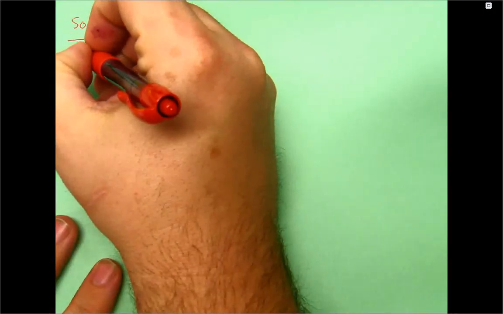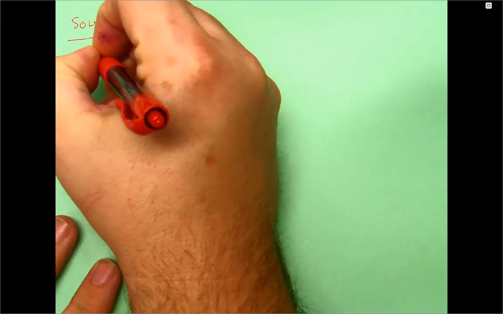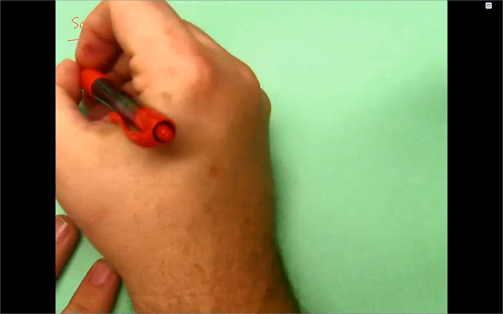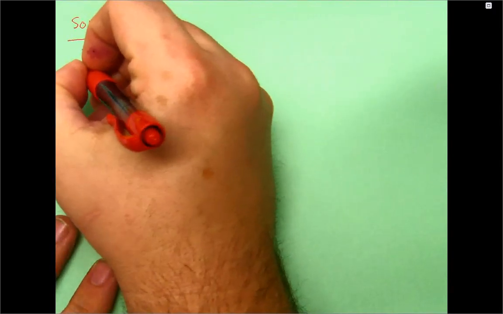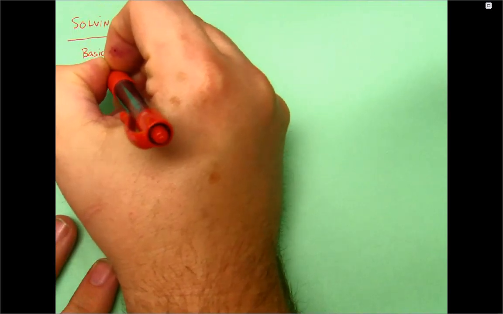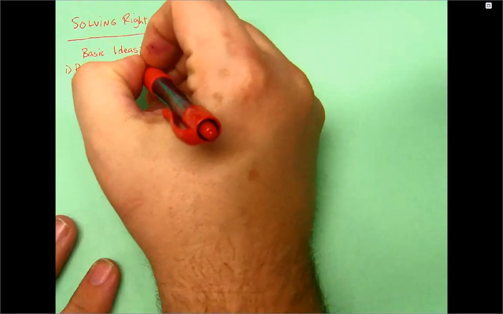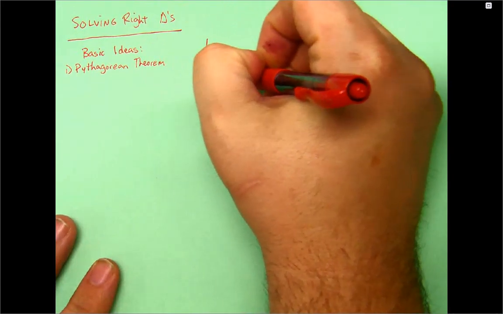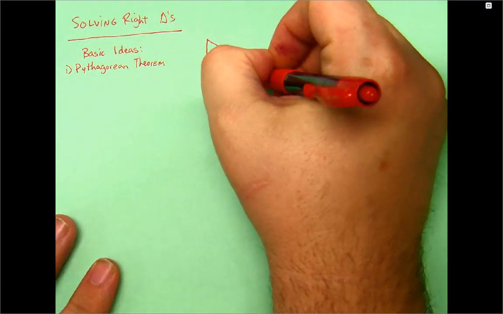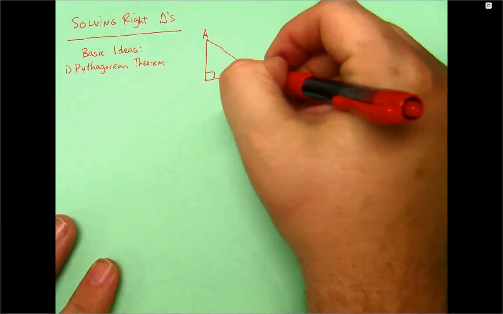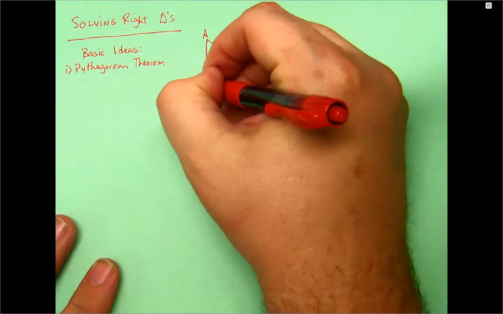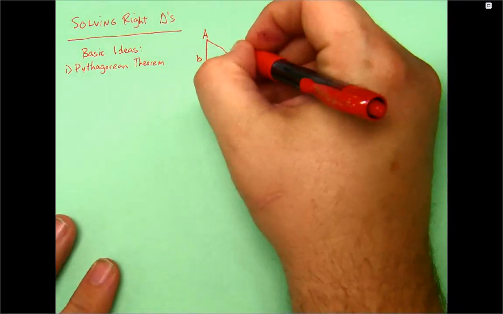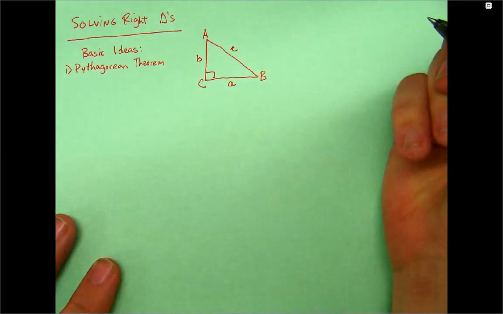Some basic ideas that you're going to use, and this is for any right triangle. That's angle A, that's angle B, angle C is your right angle. That's side A, side B, and side C.